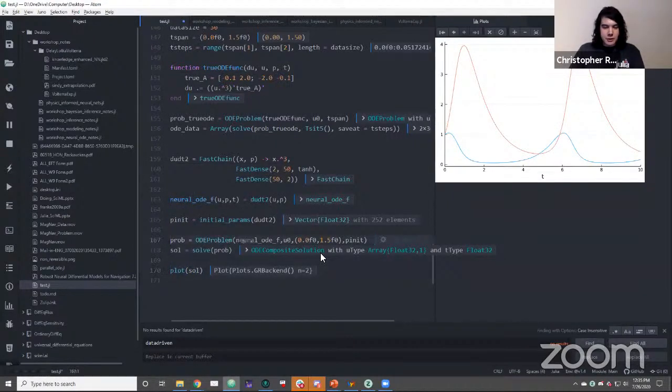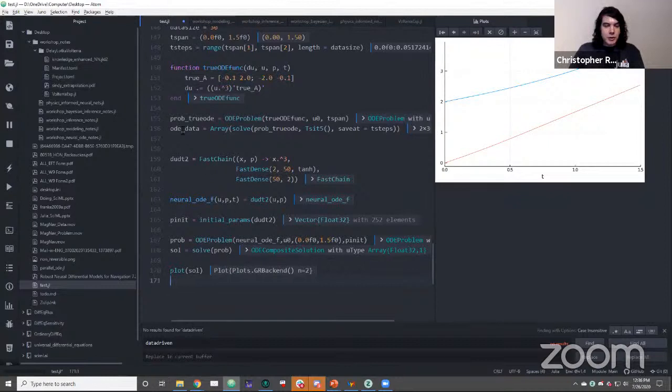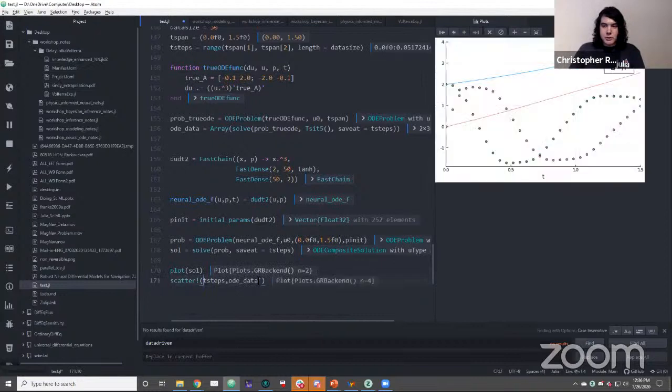Yeah, so with the completely random parameters at the start, this is what I'm getting, but my data was... let me make sure that I put these at the right time steps again. So here I'm using saveat once more to make sure I line up with the time steps. And then I want to plot my solution, and then I want to put the data on there.